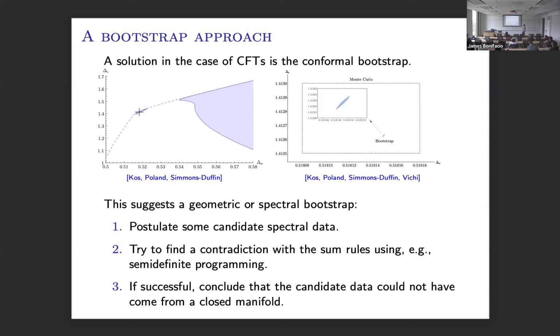And this suggests a solution to our problem, which would be a geometric or spectral bootstrap. The idea is you first postulate some candidate spectral data. You then try to find a contradiction with the sum rules using some sort of optimization, like semidefinite programming. And if you find a contradiction, you can conclude that the candidate data cannot possibly come from a closed manifold. In this way, you can get constraints on the spectral data.